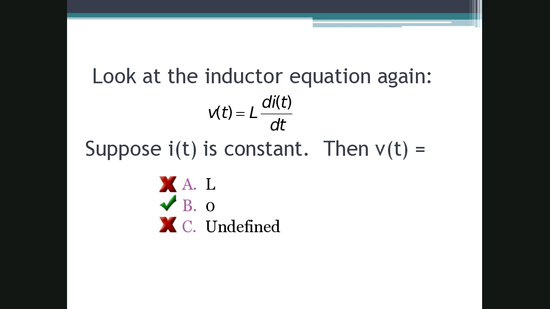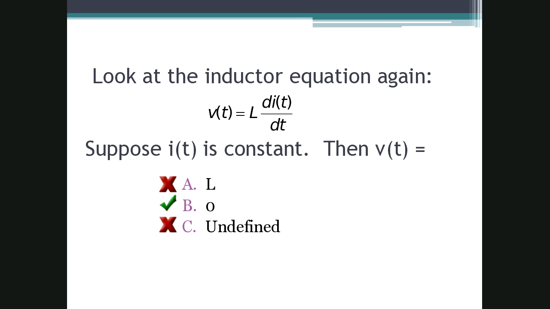Knowing that di of t over dt is looking for a change in current over time, if the current is constant, meaning the numerator is 0, there is no change. It doesn't mean there's nothing there, it just means that the change hasn't changed. That's all we know. And so the whole variable becomes 0. Why is that? If you multiply L, which is the inductance in that equation, by 0, you get v of t equal to 0.